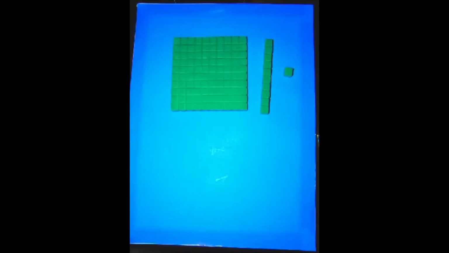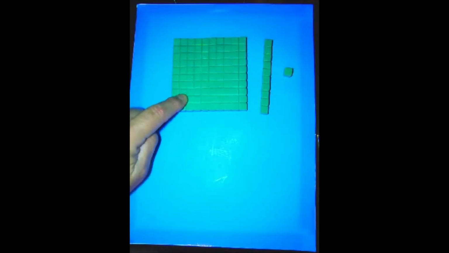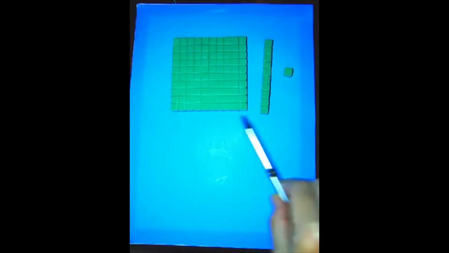I'm going to ask you, what do you think 100,000 would look like? If you said this, you would be exactly right. This is 100,000. Now, to put it to scale, the distance from here to here would be 100 centimeters, or 1 meter.